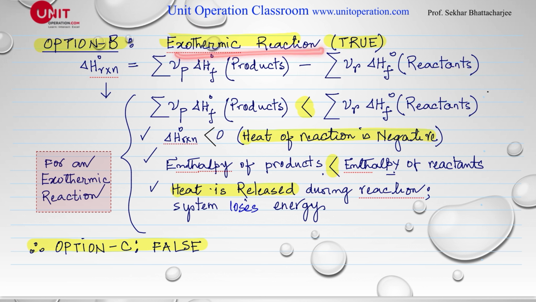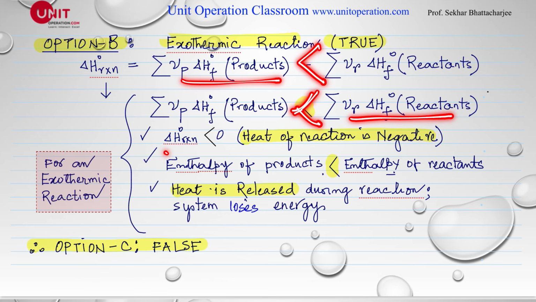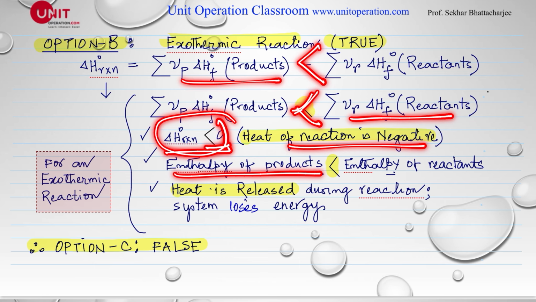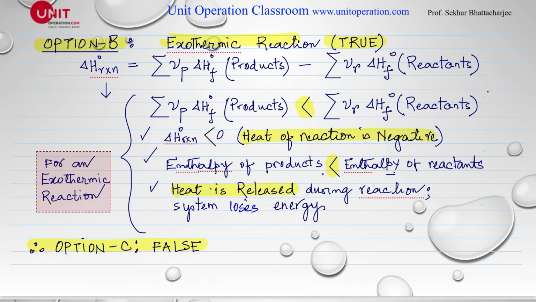So heat is released during the reaction and the system loses energy. So delta H0 of reaction is negative. The enthalpy of the products is less than the enthalpy of the reactants, so heat is released during the reaction and the system loses energy. So option B is true.